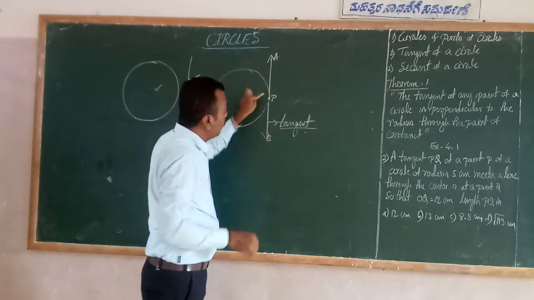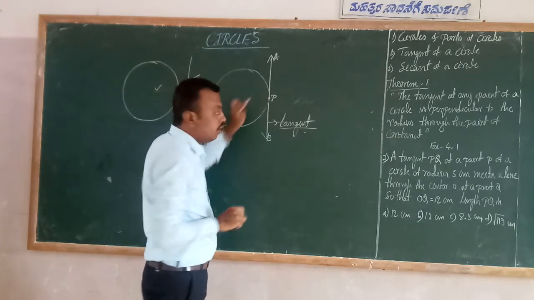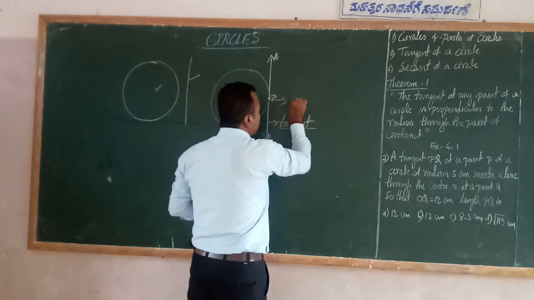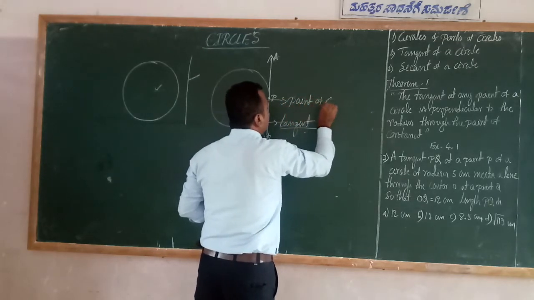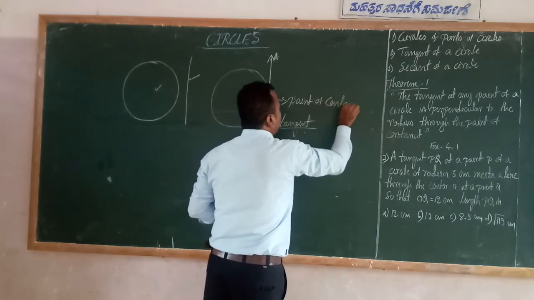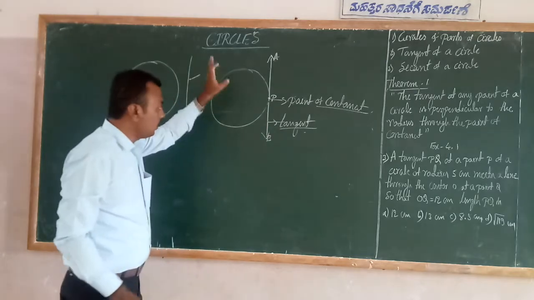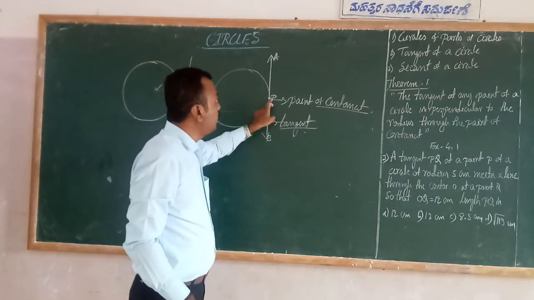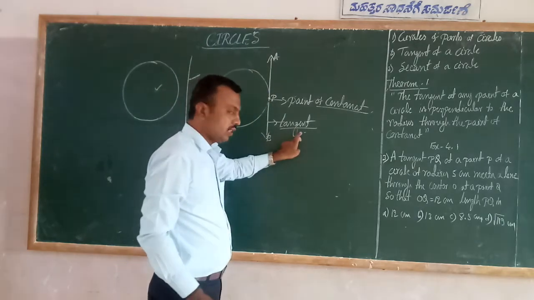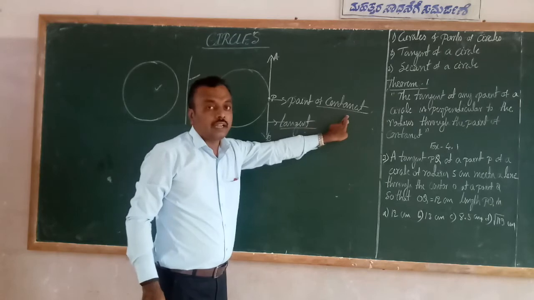This point P we call the point of contact. Point of contact. Okay. See, a line segment that intersects a circle at only one point is called a tangent of a circle. That point is called the point of contact.